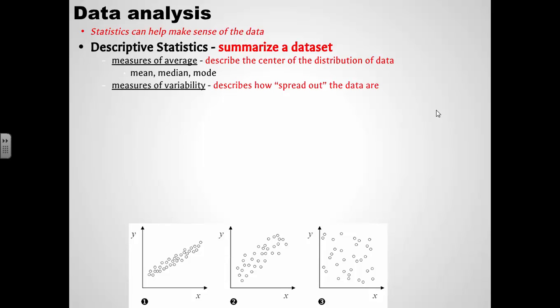We also use measures of how variable our data is, how spread out. One simple method is looking at the range of data, the difference between the largest and smallest. That tells us how spread out our data is.